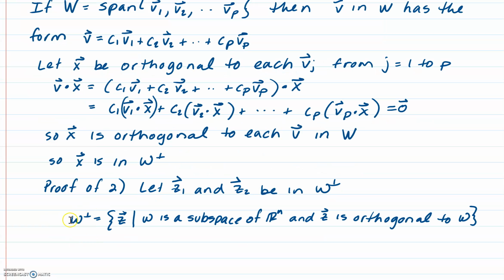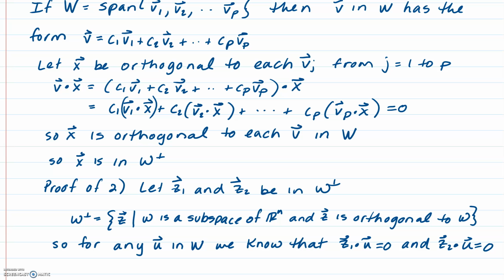By the definition of W perpendicular, Z1 and Z2 are orthogonal to W. Which means for any U in W, Z1 dotted with U equals 0 and Z2 dotted with U is also 0.